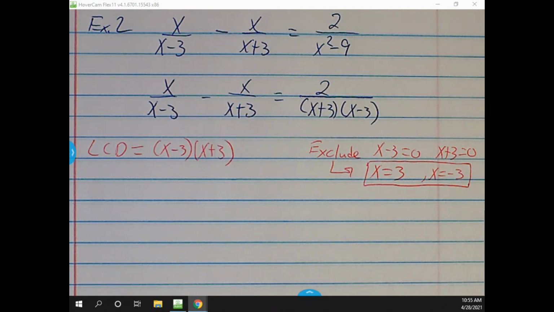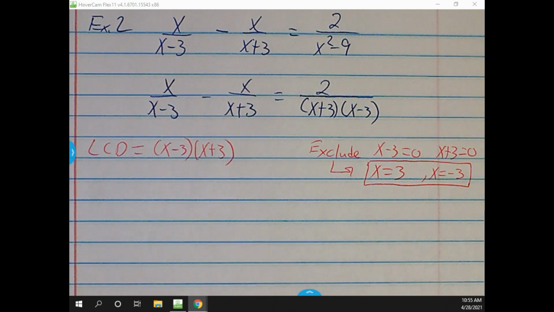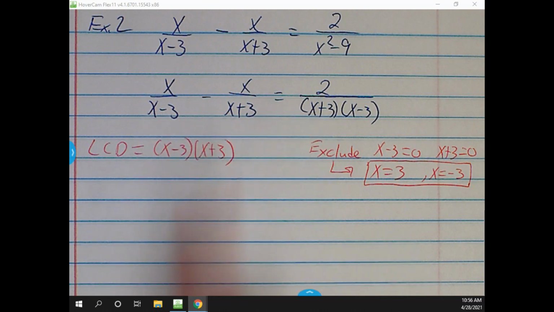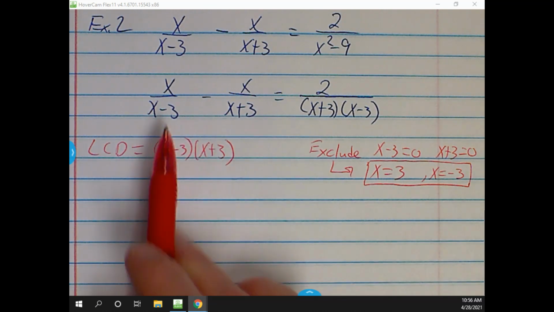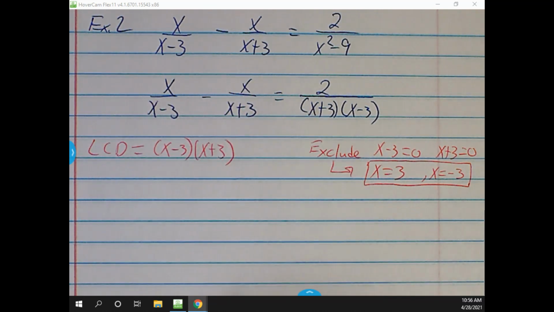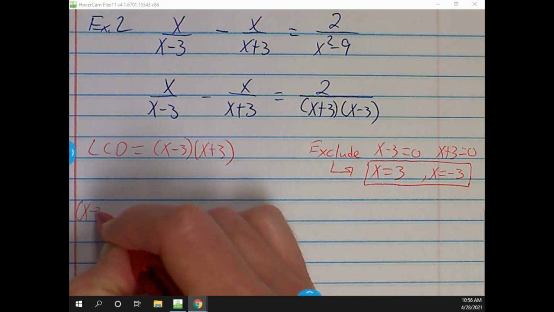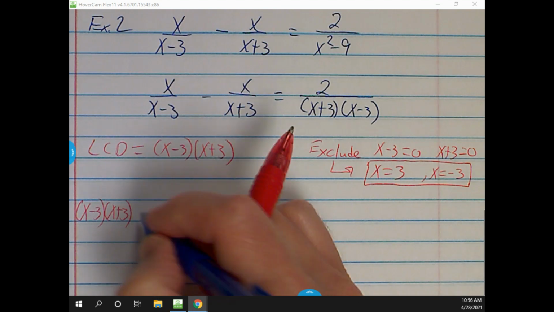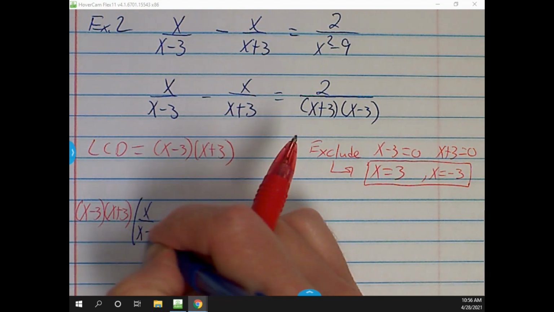Okay, now to me, this is the longest part that you have to do, because if we've got this thing rewritten where it's all factored out, where we factored as much as we can, we've got to go back and take every single thing in here and multiply by x minus 3 and x plus 3. And this is, to me, the part that takes the longest, because you've got to go back and rewrite this problem, basically.